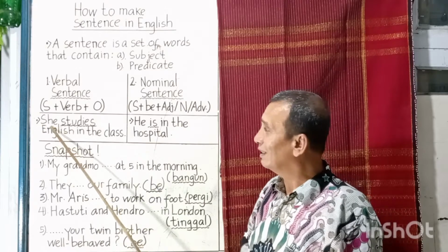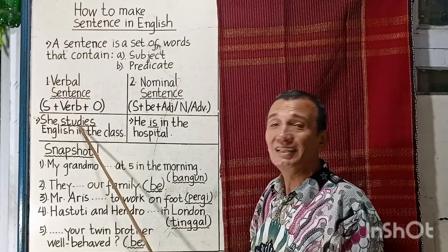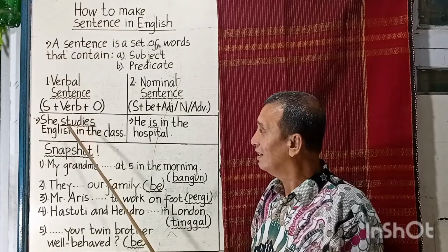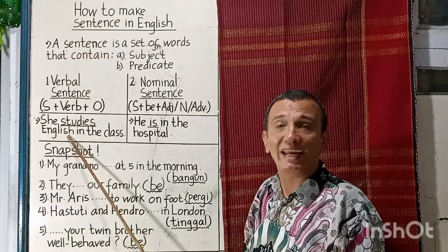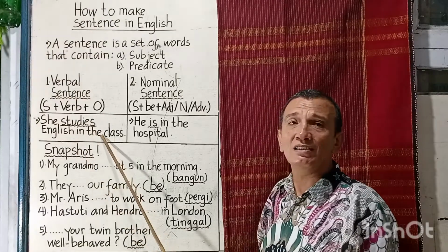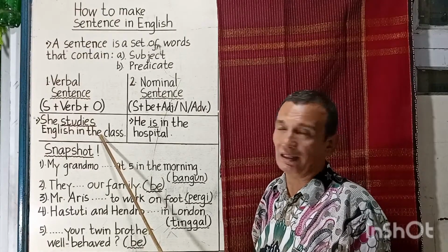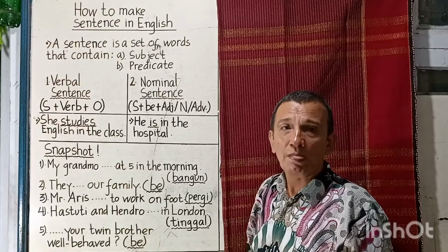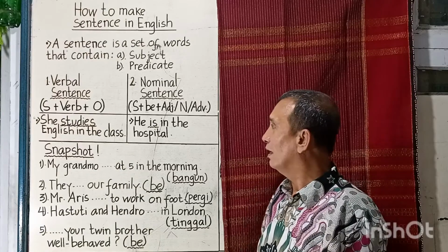She-nya subjek, studies karena subjek ketiga tunggal maka study menjadi studies. Objeknya English. Study predicate. In the class is adverb of place, keterangan tempat. Jadi sebuah kalimat minimum terdiri dari subjek predikat.